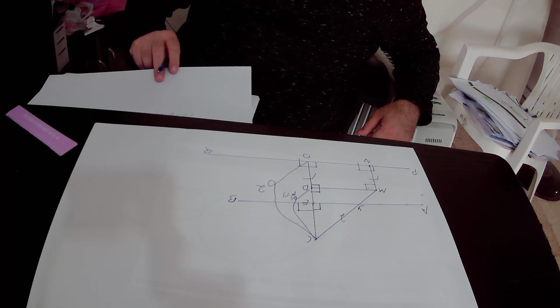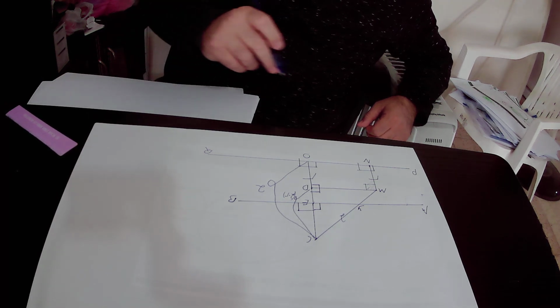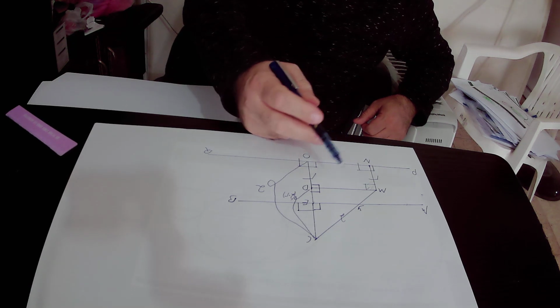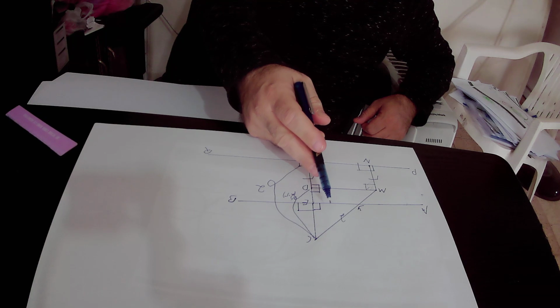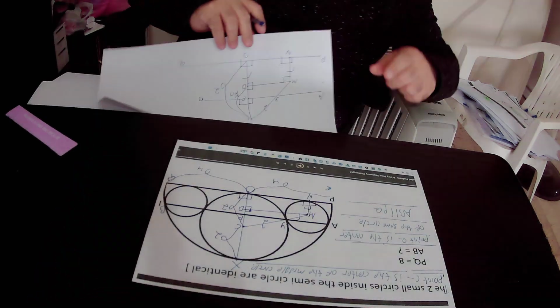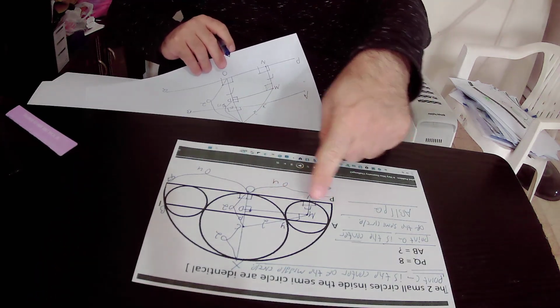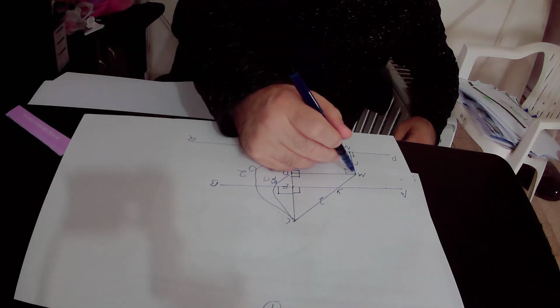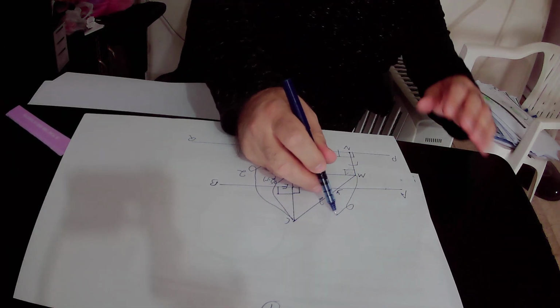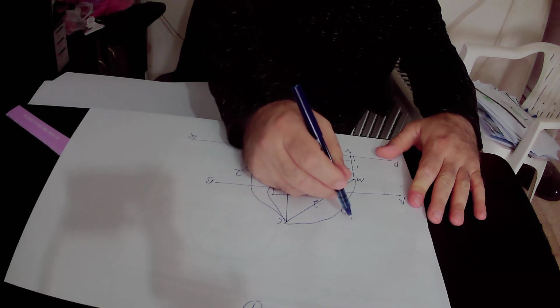And we have already found out that MC, that is the distance between the centers of the two circles, MC equals R plus 2.